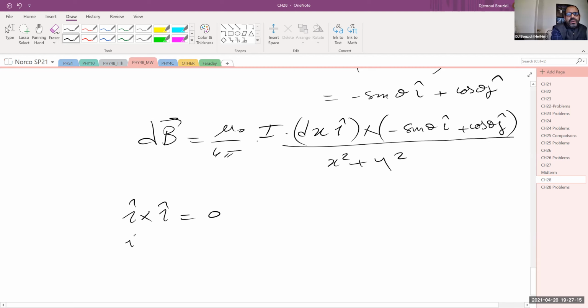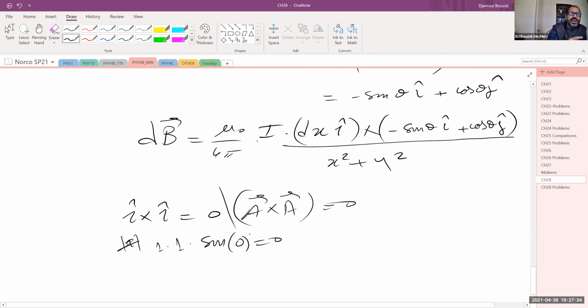So it's going to be 1 in length times the sine of the angle between them, and the sine of the angle between them is sine of 0. So that is why the cross product of any vector with itself is 0. If you cross any vector A with the same vector A, you're going to always get 0 no matter what. So that is not going to be a problem.